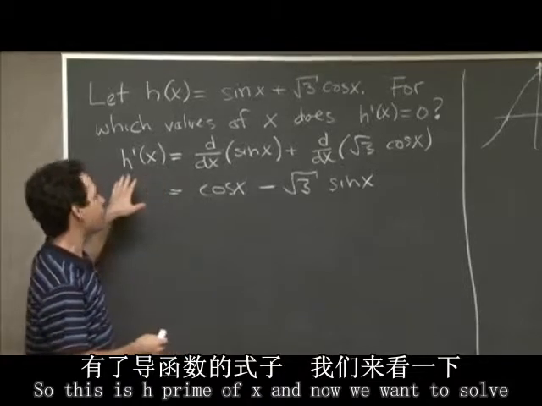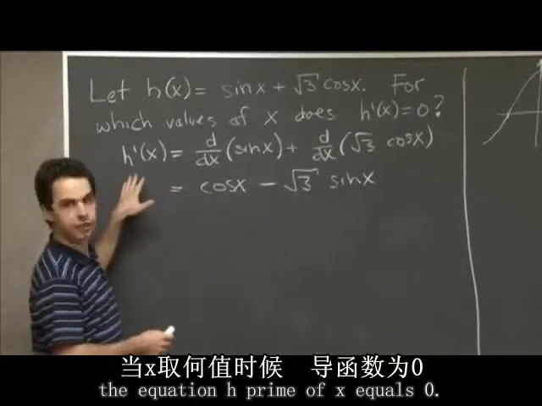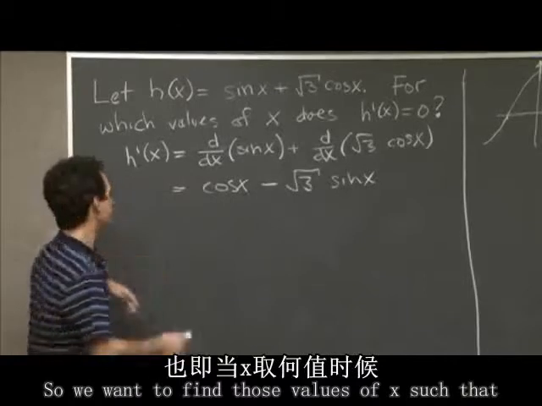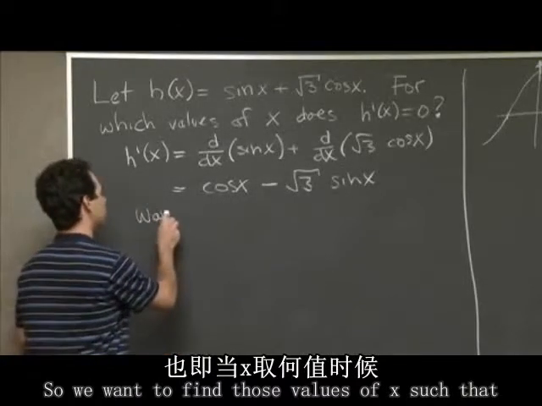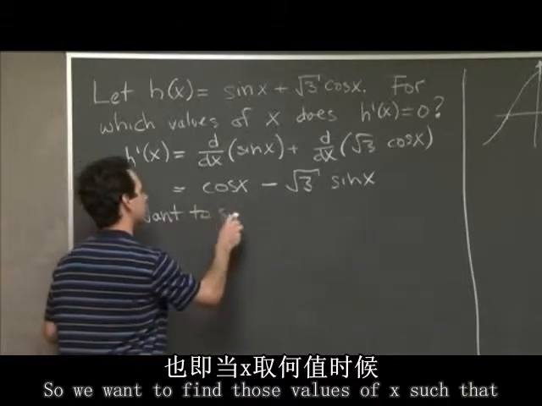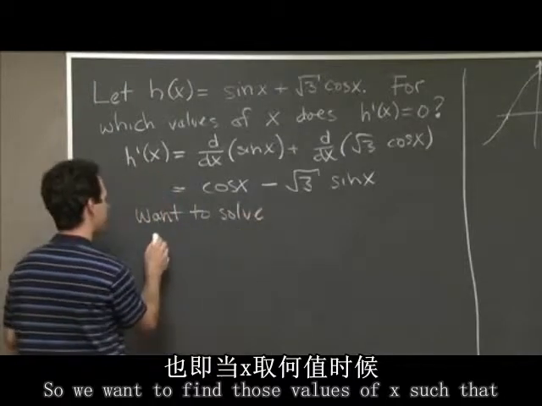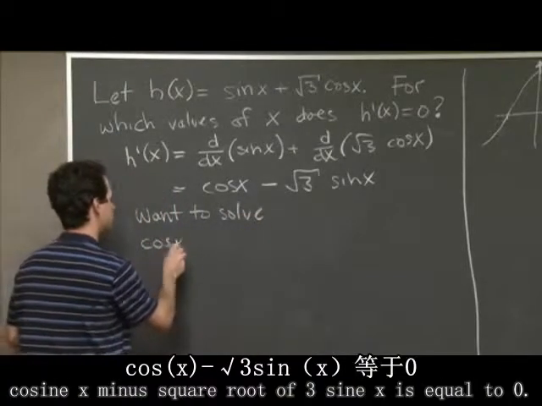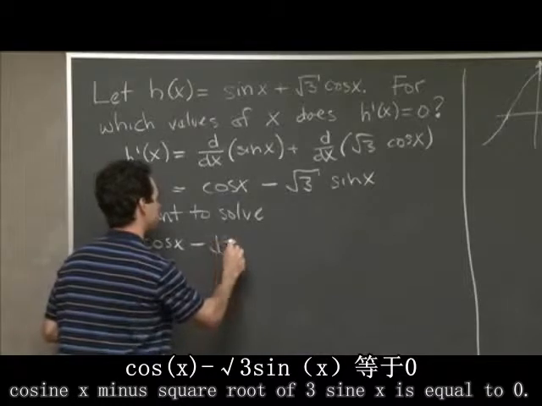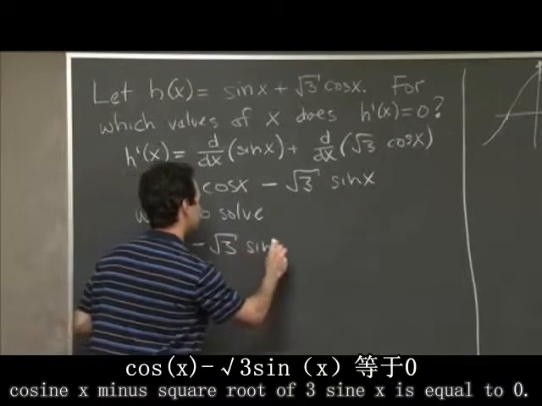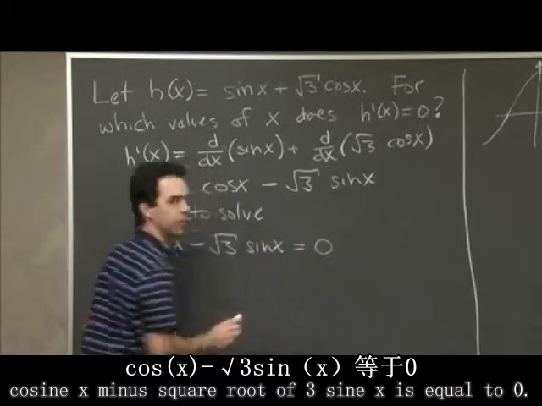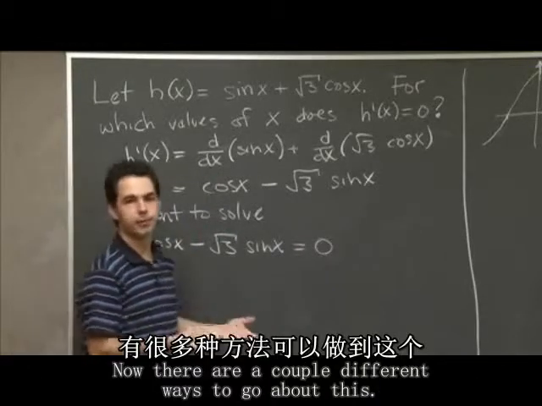And now we want to solve the equation h prime of x equals 0. So we want to find those values of x such that cosine x minus square root of 3 sine x is equal to 0. Now, there are a couple different ways to go about this.